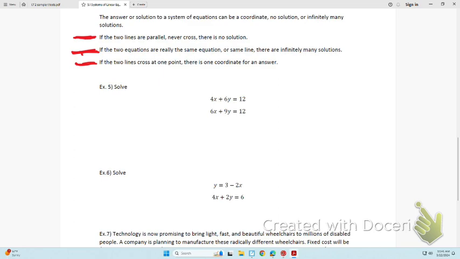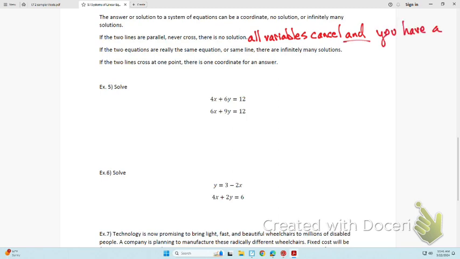So the way this plays out is on the first two scenarios, all variables cancel, and you have a false statement. These two scenarios look really similar in how they play out.